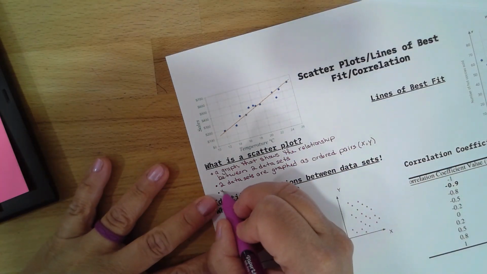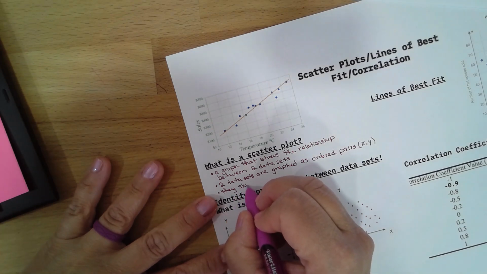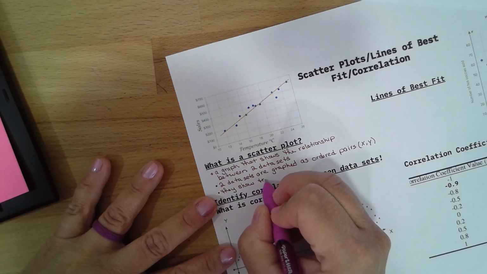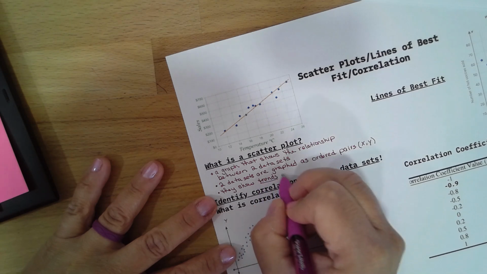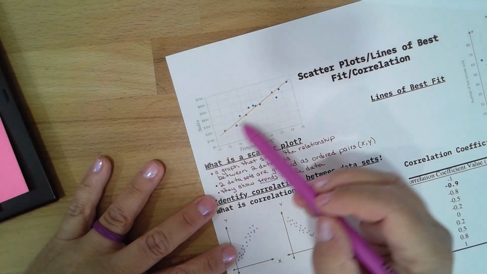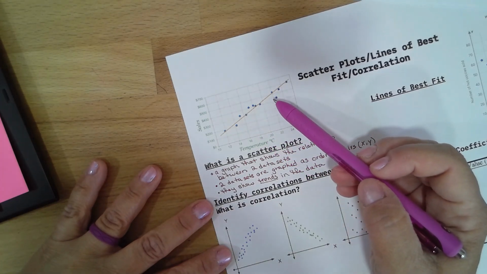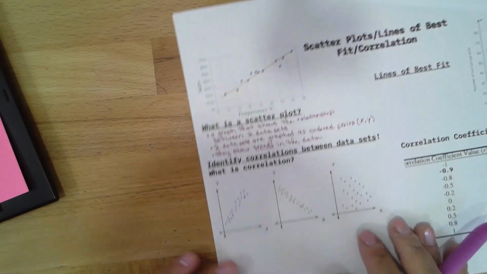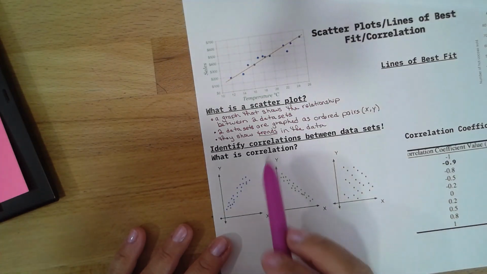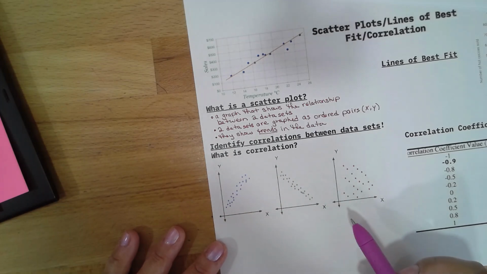So another thing is with a scatter plot, they show trends in the data. So as you can see, this trend is moving in a positive linear regression. Okay, so what you guys are also going to do is identify correlations between data sets.